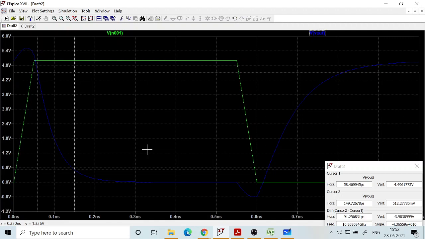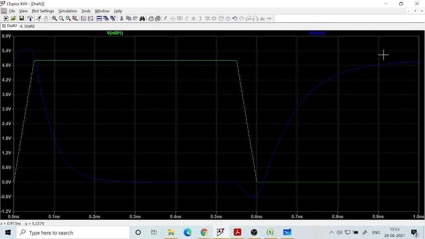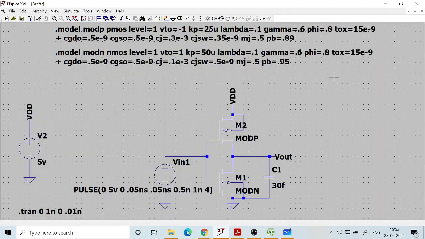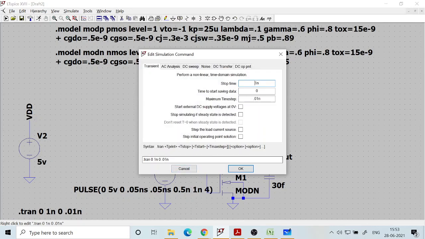Earlier it was 54. This is 91. So both have increased. That is expected. The reason is that the C out is basically sum of parasitic capacitance at the output and the load capacitance. So they are increased. Another thing I told you that we will see a coupling effect from input to output. So that also can be seen here. Since we have measured, let me just put it back.